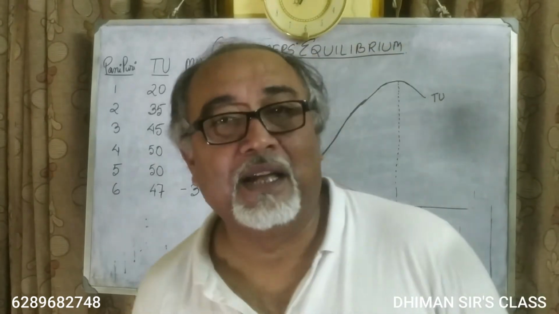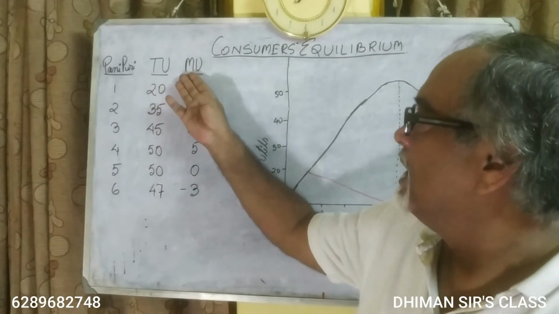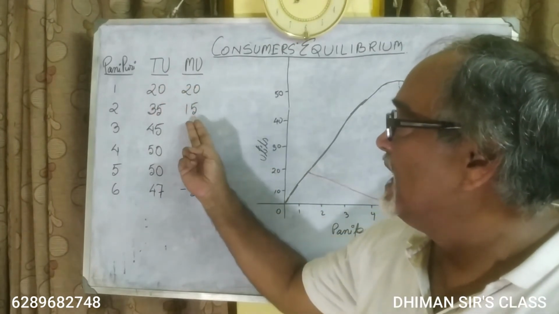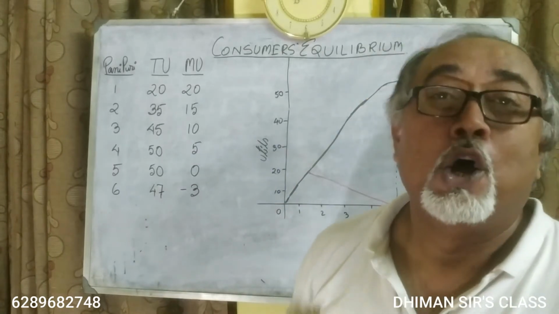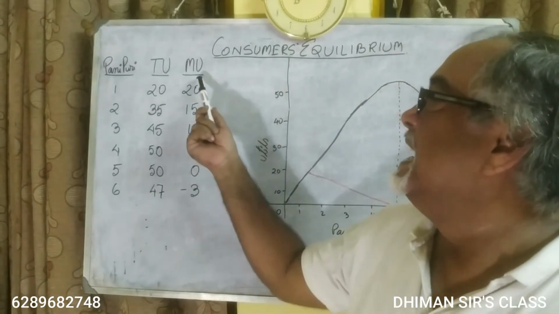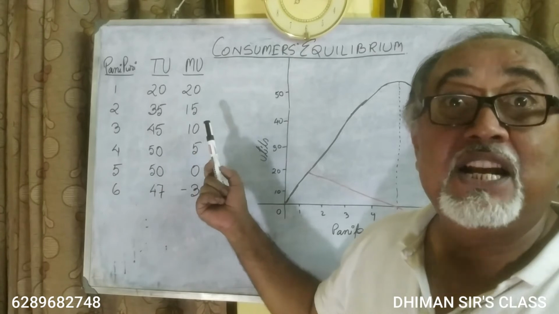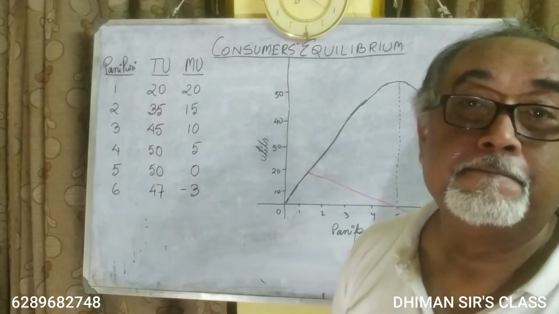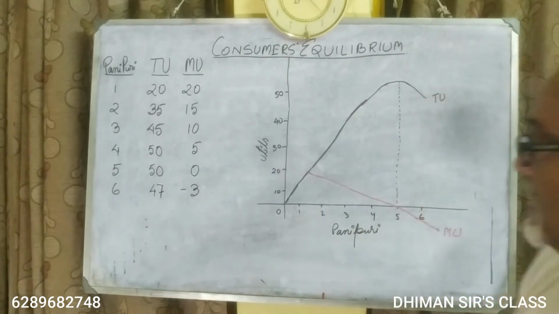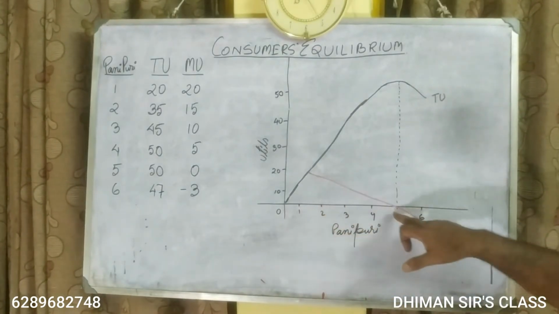Isn't it? Same thing here also happens. Your resulting utility keeps on decreasing. And this is called the law of diminishing, diminishing means reducing, marginal utility. And for that only you will see this red line.